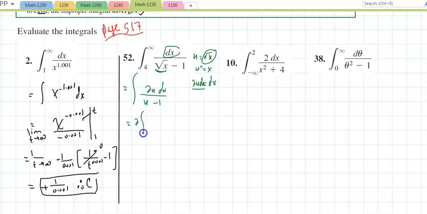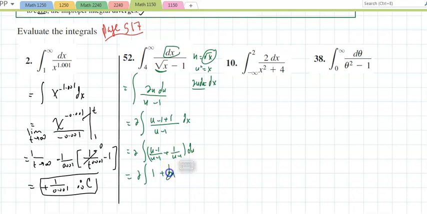And we dealt with this before. You could subtract 1 and add 1, or you could use long division, whatever makes you happy. This is twice the integral of, if I split this, u minus 1 over u minus 1 plus 1 over u minus 1 du. That is twice the integral of 1 plus 1 over u minus 1 du.